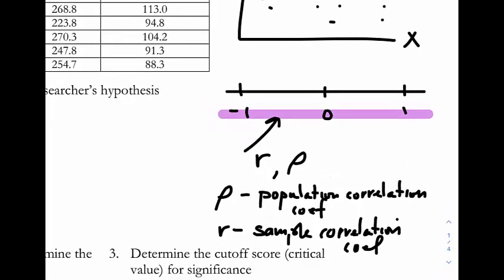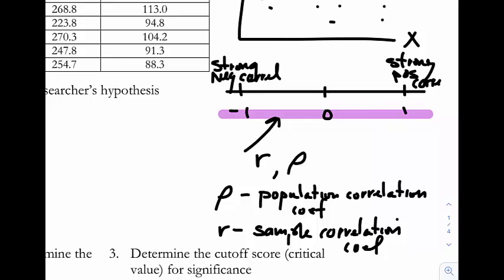So starting off with -1, -1 means a strong negative correlation. +1 means a strong positive correlation. So if you want to prove that you have some sort of correlation, you have to say it's either negative or positive.